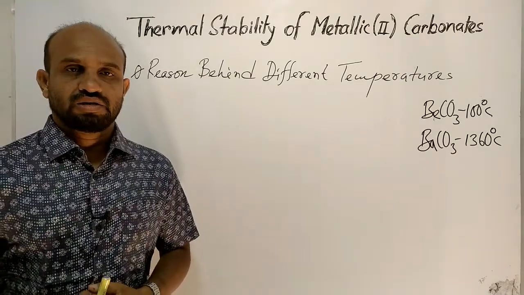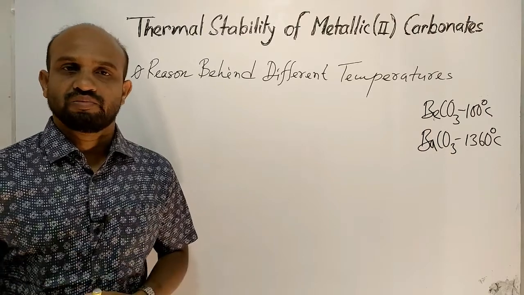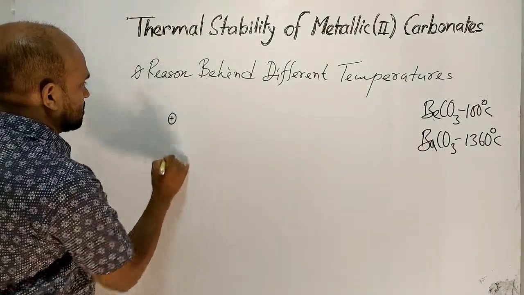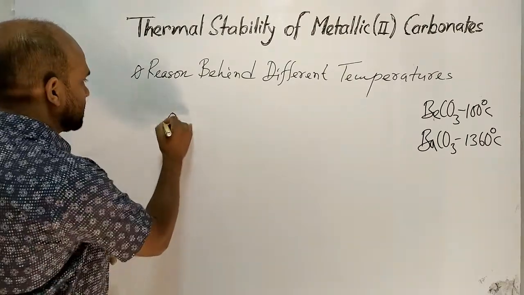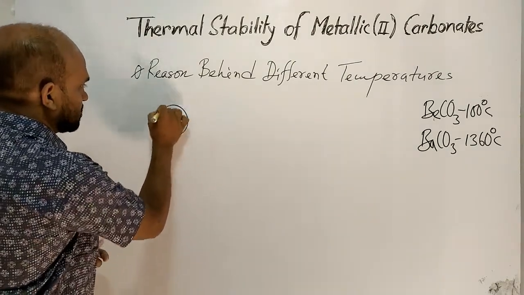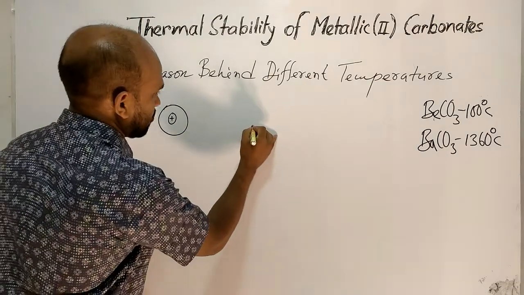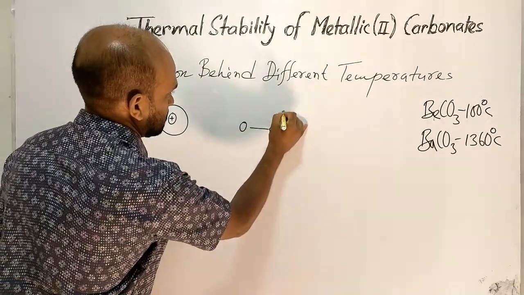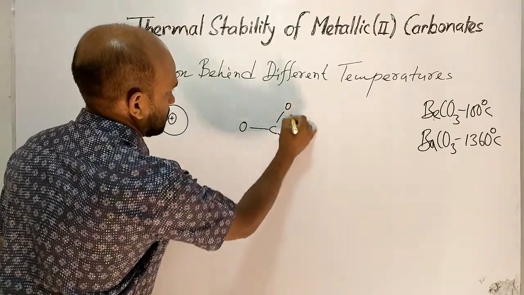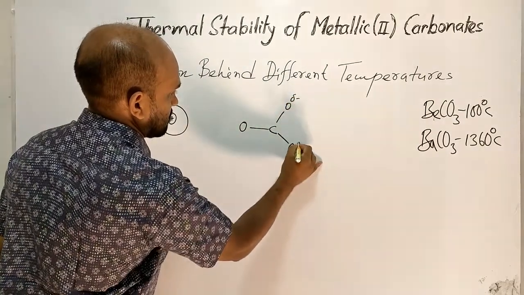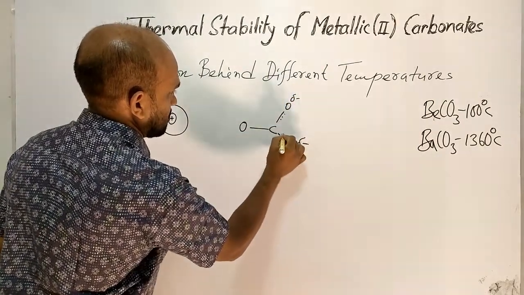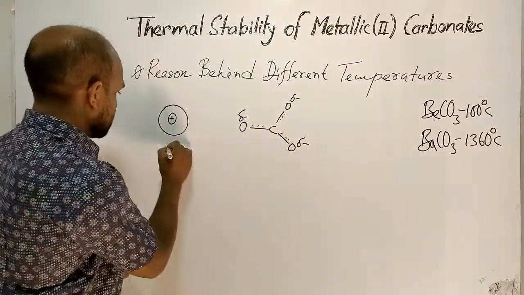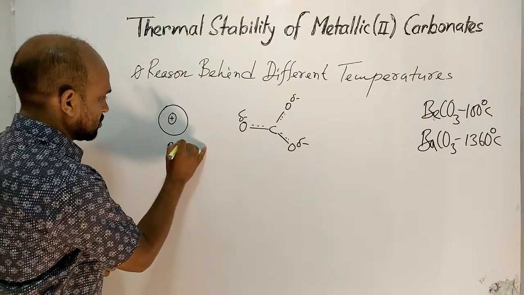Now let's see the structure formula of beryllium carbonate first. This is nucleus of beryllium and this is carbonate ion. This is beryllium 2+.